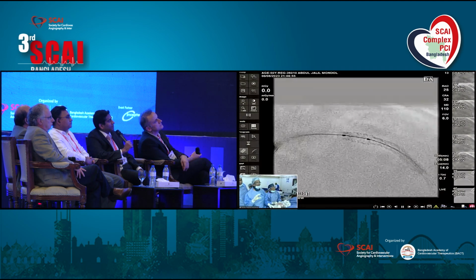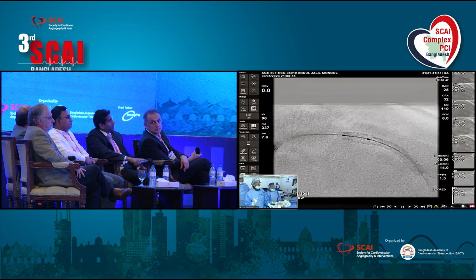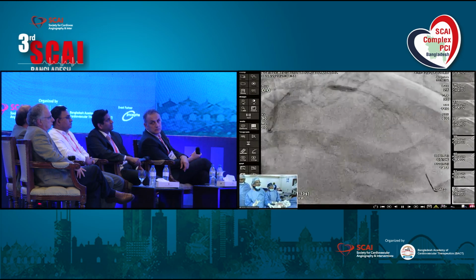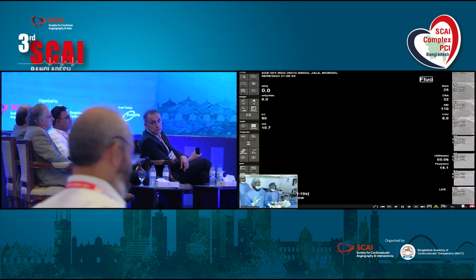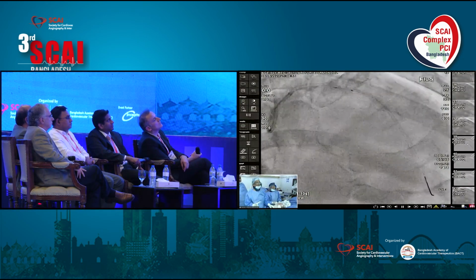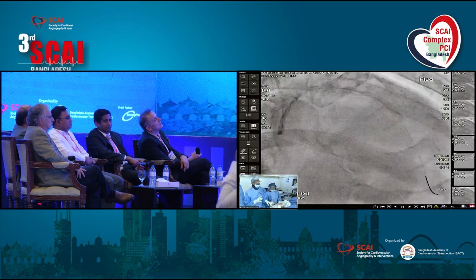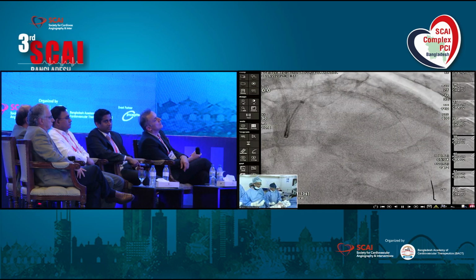I think the Japanese believe it should be somewhere between lumen to lumen or media to media. Americans believe that it should be from EEL to EEL. But when you do EEL to EEL, you are going to run into a risk of perforation if you are being very aggressive. So don't go with very aggressive inflations of the stent right away. If you're at EEL, go nominal or even slightly below nominal, and then you can post dilate with a stent. That is what at least I do in my practice.